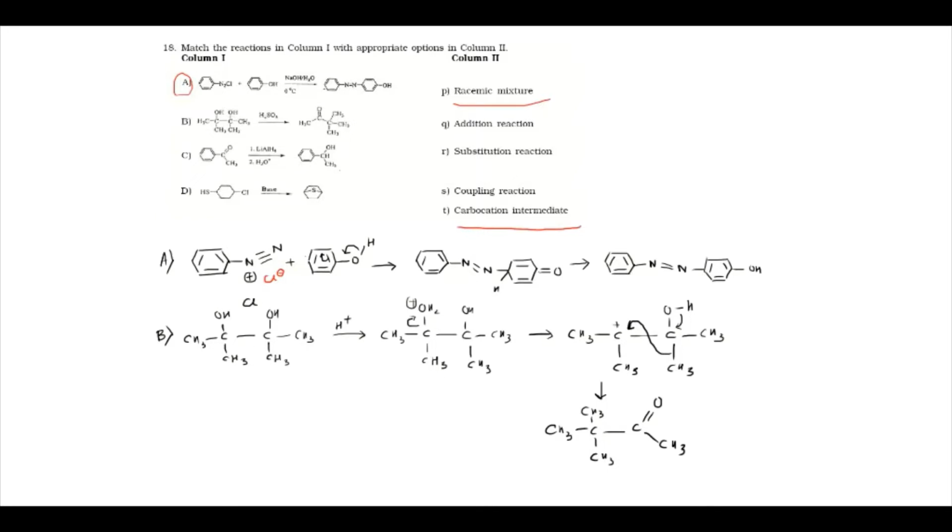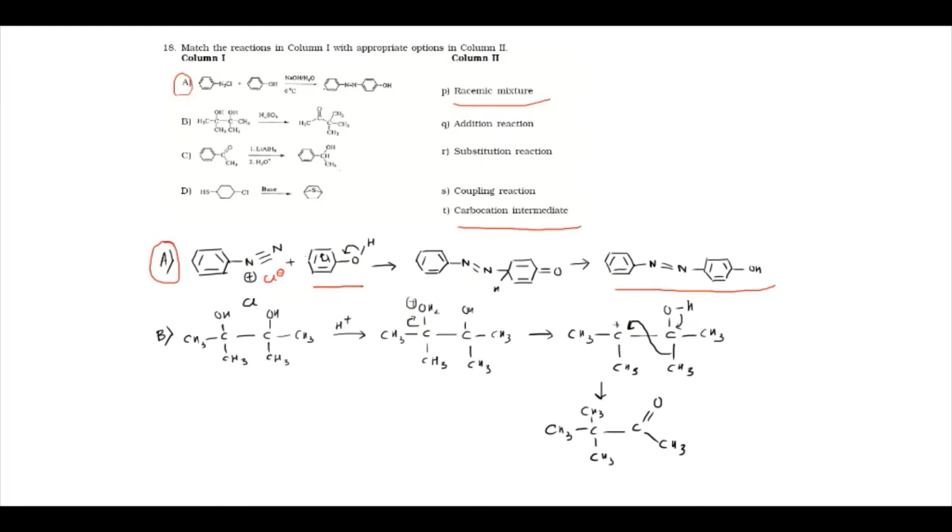So if we go to column 1 and option A first, we will see that it is a diazonium salt which is reacting with a phenol, and a diazo coupling product is formed. So it is of course a coupling reaction.